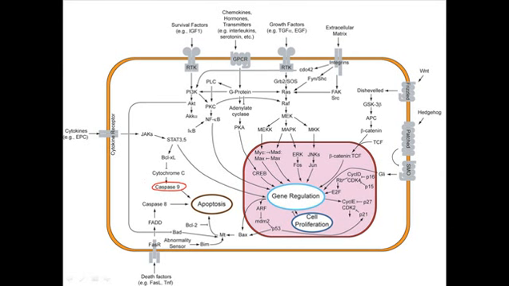The production of this caspase 8 or caspase 9, they are the death proteins. What we mean by death protein is those proteins have to do something with the death of the cell, that means the apoptosis of the cell. Caspase 9 and caspase 8 can induce DNase enzymes, and those DNase enzymes will chew up the DNA which is present inside the nucleus.